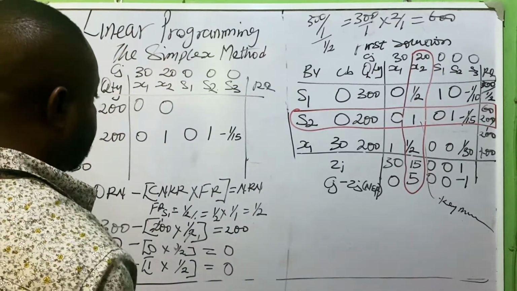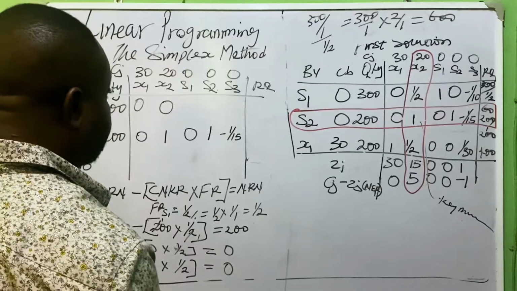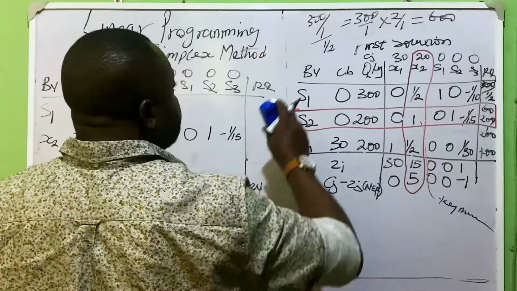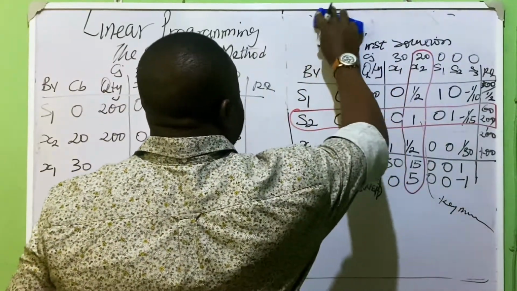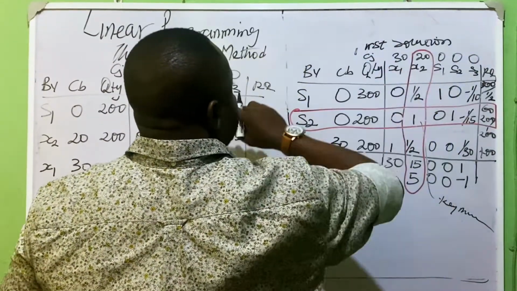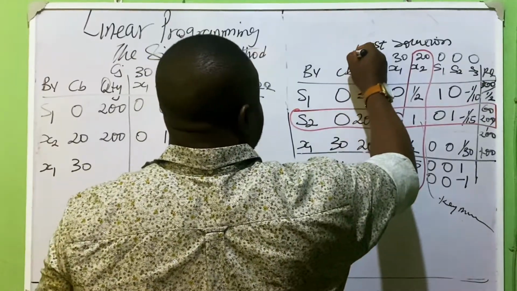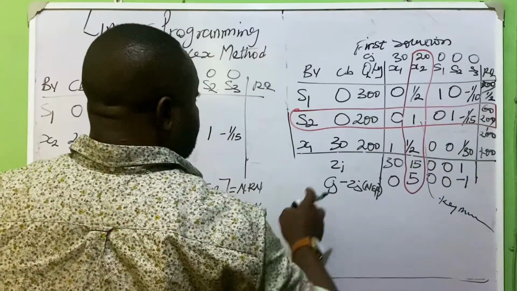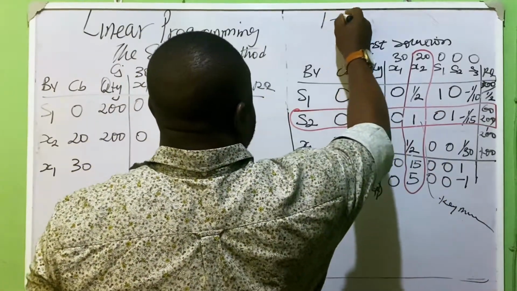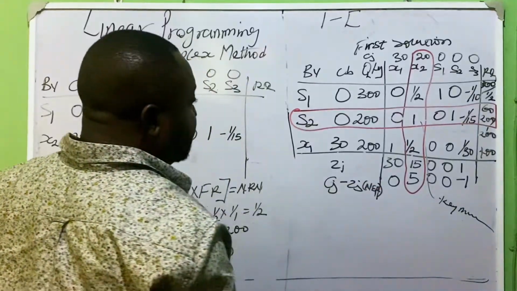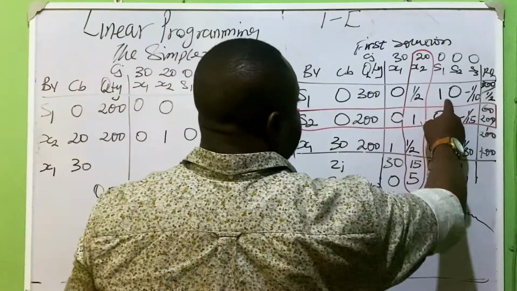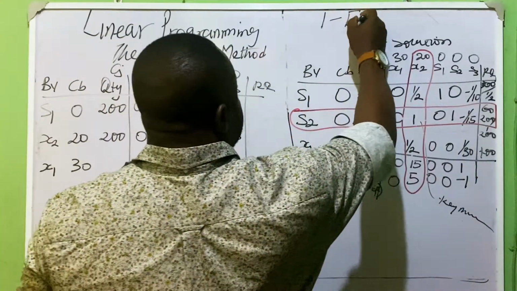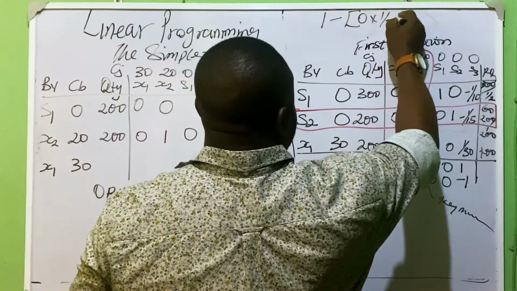So the next will be to transform 1 by the same formula. So we're going to have 1 minus the corresponding value to 1 in the key row, which is 0. So we're going to have 0 multiplied by 1 over 2.